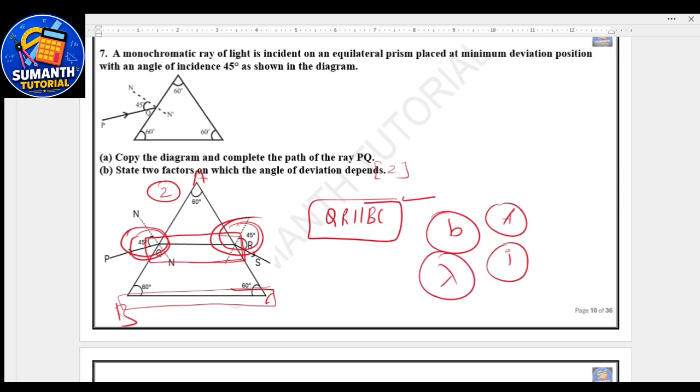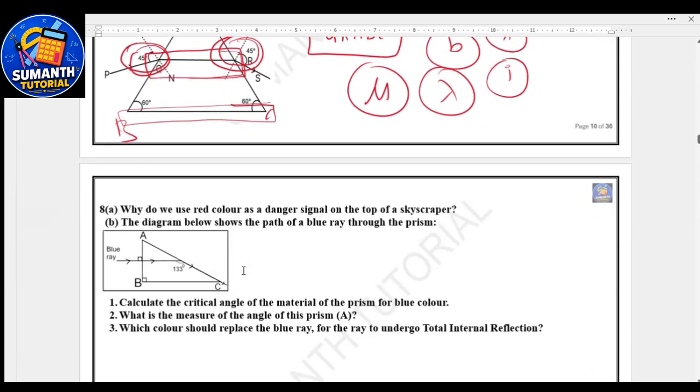You can also write refractive index. So these are all the factors affecting the angle of deviation. Done. So while writing the diagram, be careful, follow the trick or the points which I used to say. Clear? Then let's go to the next question.